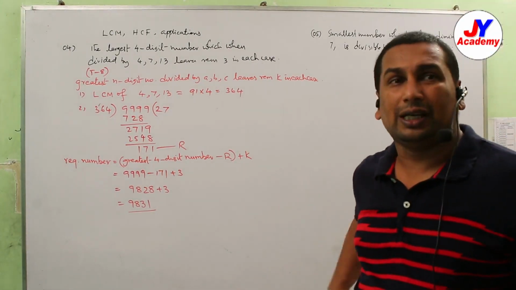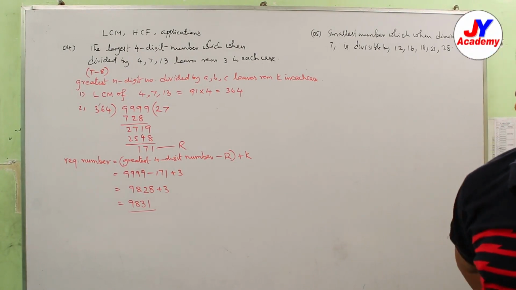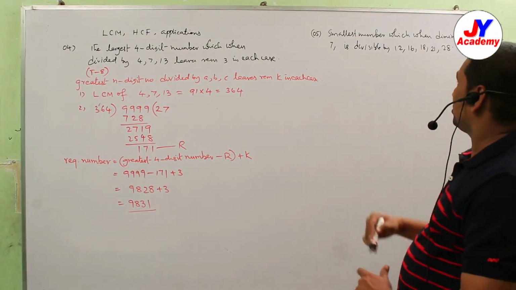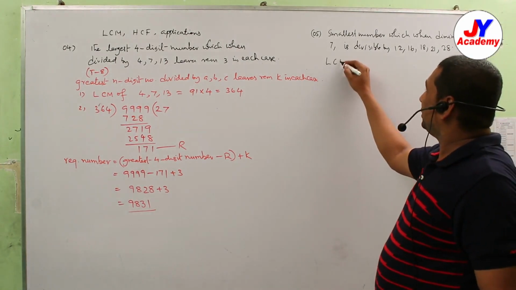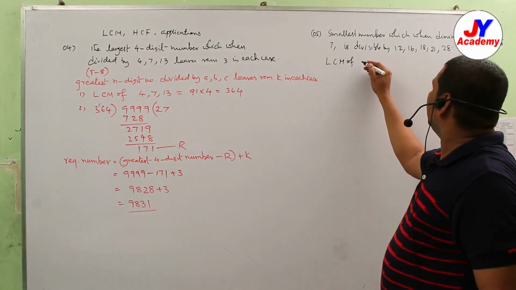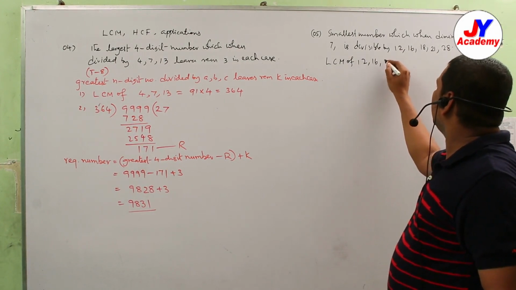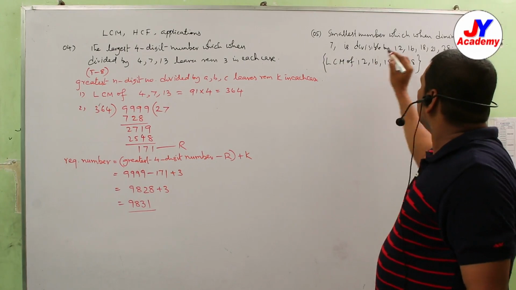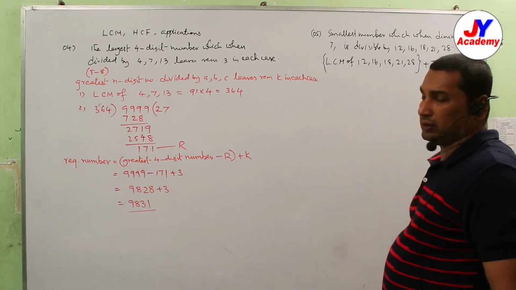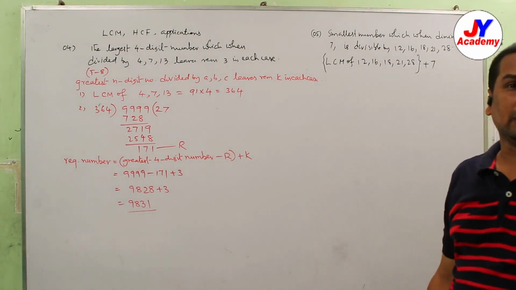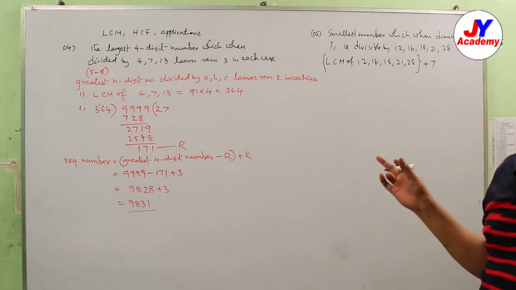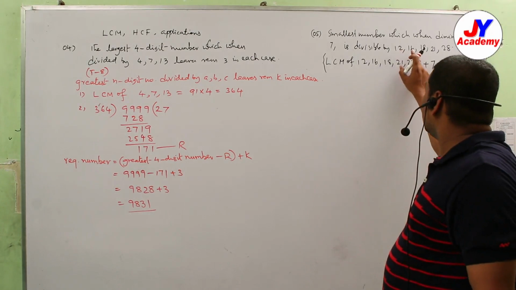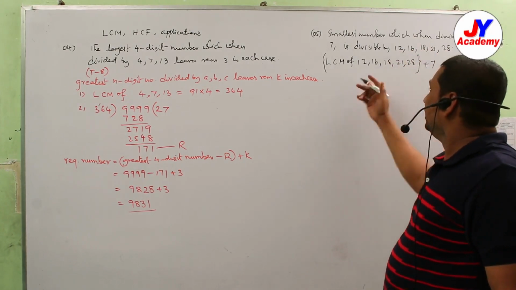In that last question, increased by 5 means find the LCM and minus 5. That's the required answer. Now in this question, diminished by 7 means LCM of 12, 16, 18, 21, 28, plus 7. That's the required answer, because from the required answer we have to subtract 7 so that it can be divisible by 12, 16, 18, 21 and 28.